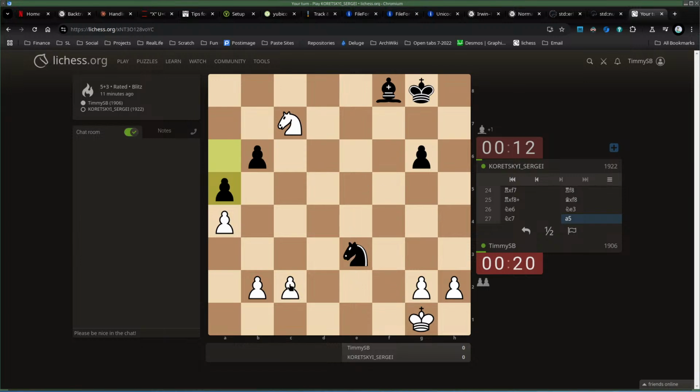I'm losing this pawn, am I not? Looks like it. No time left. Oh no, give away that pawn as well. Shit. Oh, that's really stupid.